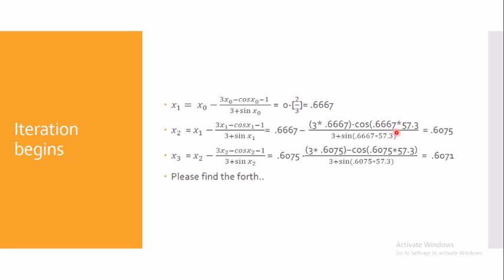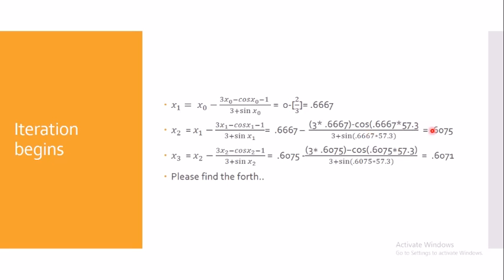So here also, in each iteration I am going to convert this into degrees. Instead of 180, if you write 180 divided by pi, it is also fine, but the value of 180 divided by pi is 57.3, so for my convenience I wrote 57.3.